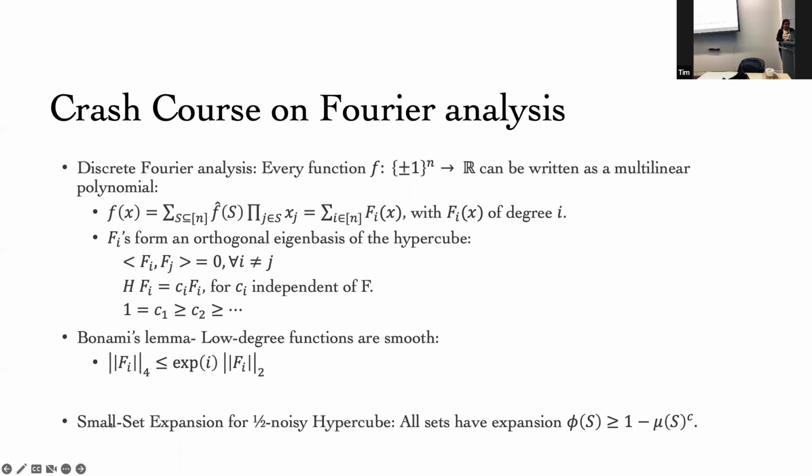And this lemma implies small set expansion for the noisy hypercube. Roughly the intuition is that we know that fis cannot be very concentrated on a few vertices. So if you look at the indicator function of a small set, it cannot be one of these fis.